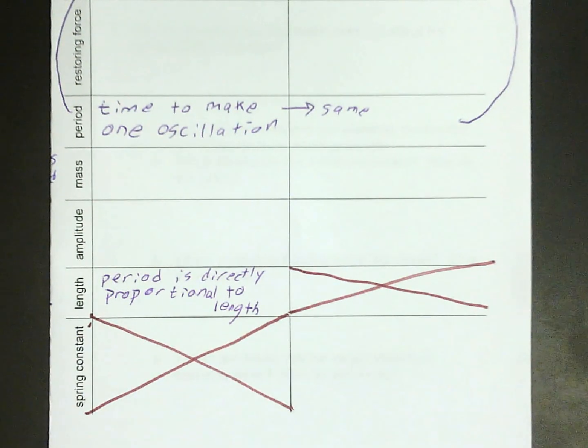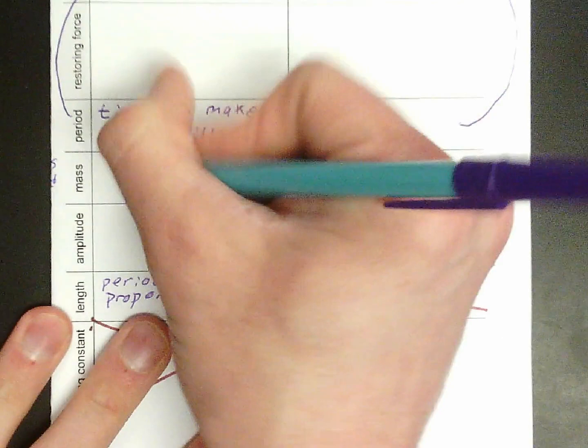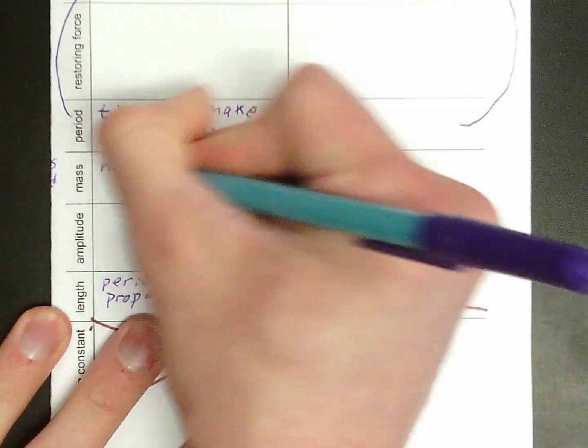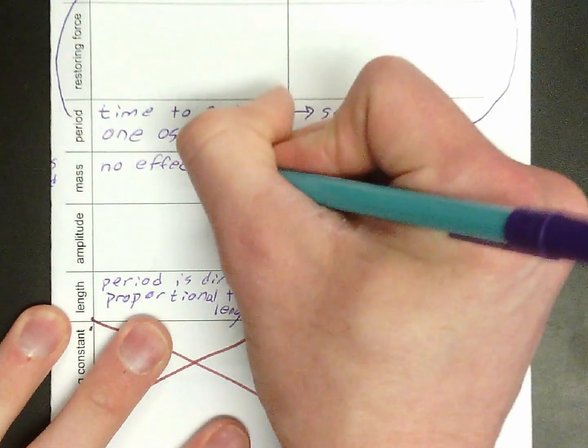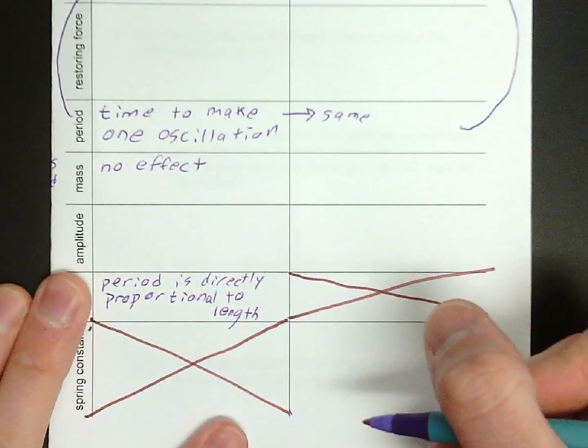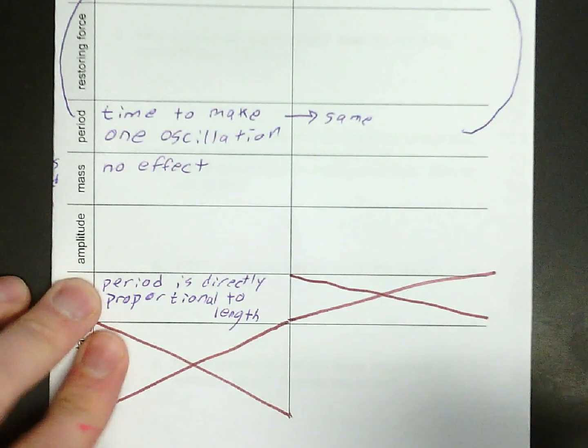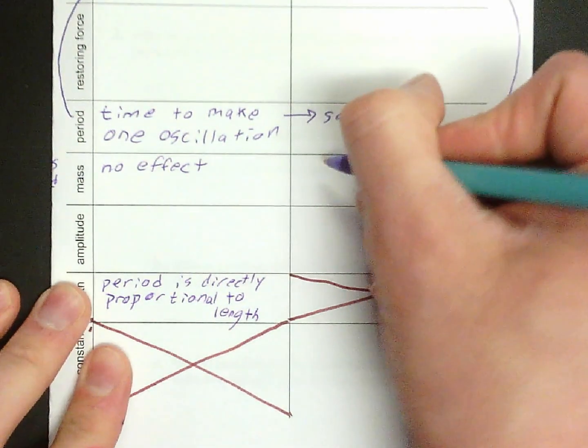Excellent. Mason and Brandon, what's something y'all got? Mass. Yeah, for a spring, mass has an effect on it. But for a pendulum it doesn't. Correct. So for a pendulum, mass has no effect. For a spring, mass does have an effect.